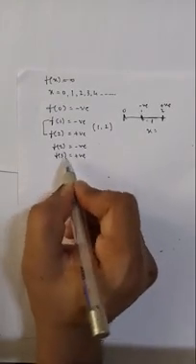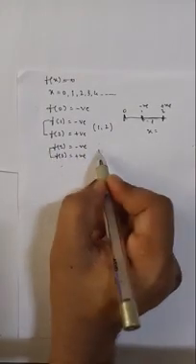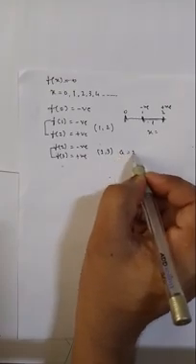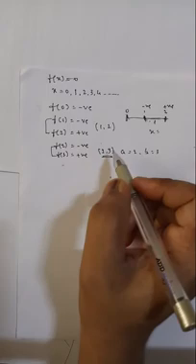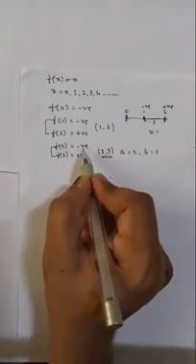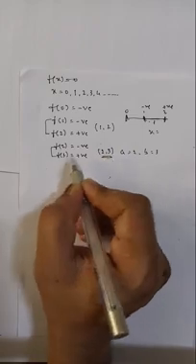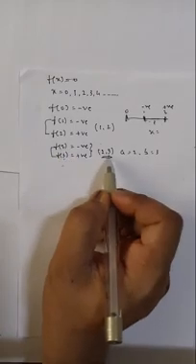If we get a positive value at x equal to 3, now our interval is 2 comma 3. So here a equal to 2, b equal to 3, this is our interval. The value of the function at one value of x must be negative, and for the other value of x, the value of the function must be positive. So we are taking 2 comma 3 as an interval.